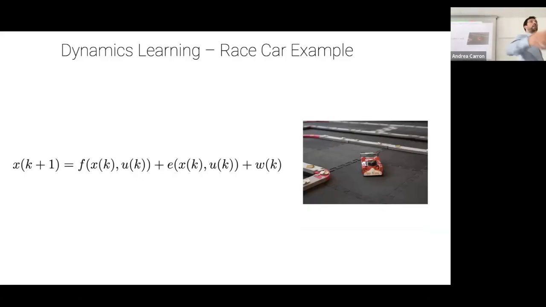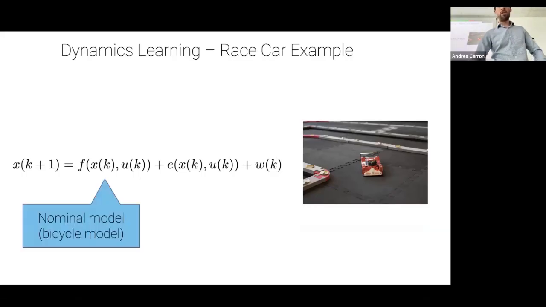So if we keep the example of the race car, we can imagine we can model the race car as a dynamical system, in this case in discrete time. And f(x,u) is the nominal model. In the example of the race car, for example, it can be the bicycle model. And what can happen is that, for example, we don't describe perfectly the tire friction or the aerodynamic effects like the drag, and so we have some error.